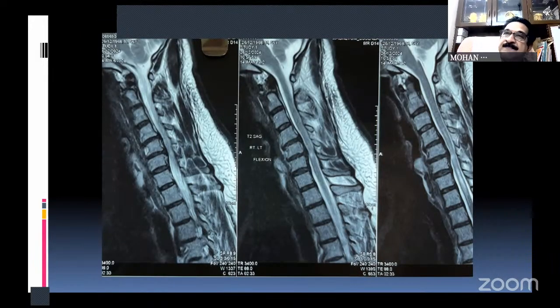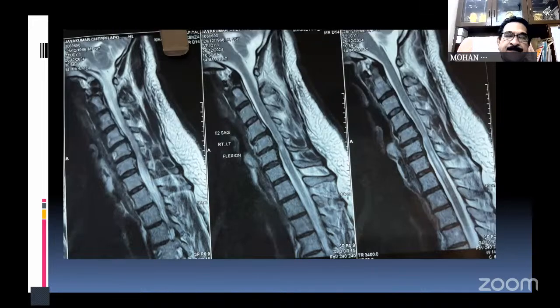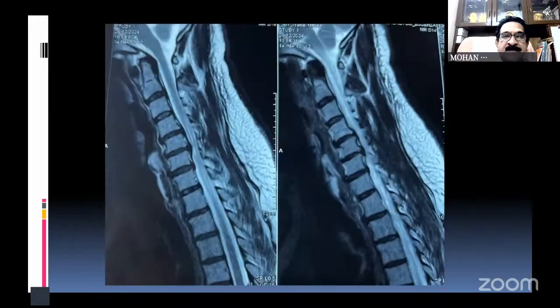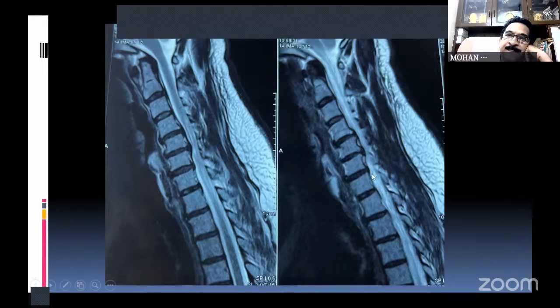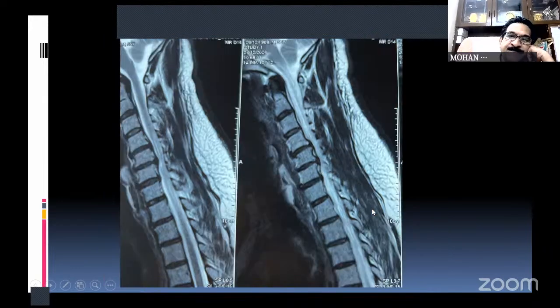So how far the compression is causing the spinal cord dysfunction, we do not know in this patient. This is again the flexion film, and if you look very carefully, above and below that there is a linear hyperintensity in the cord.